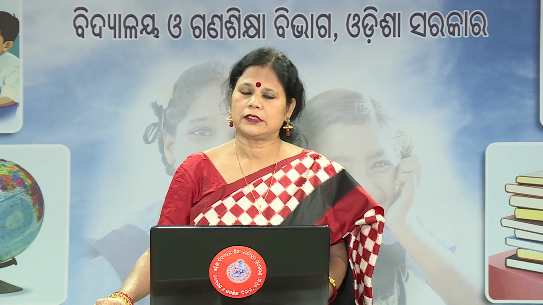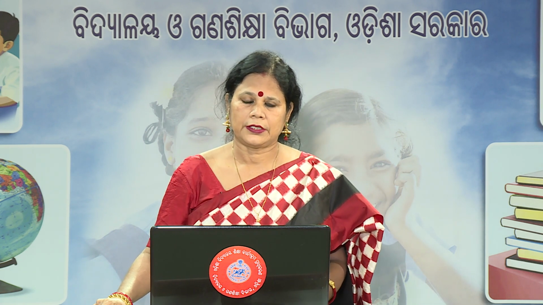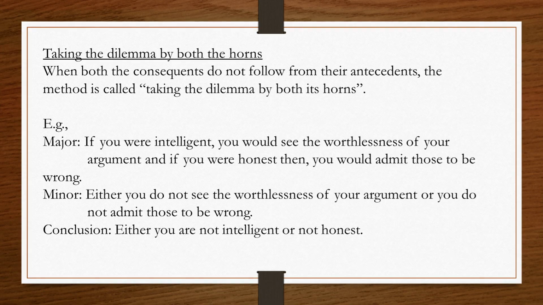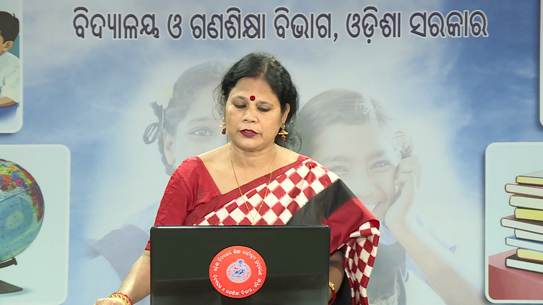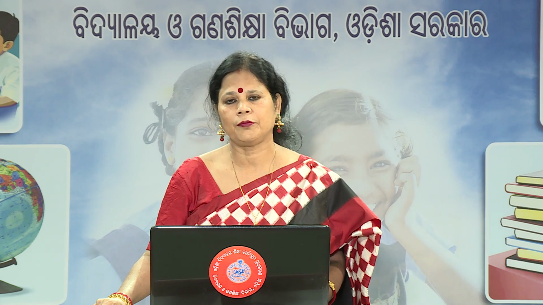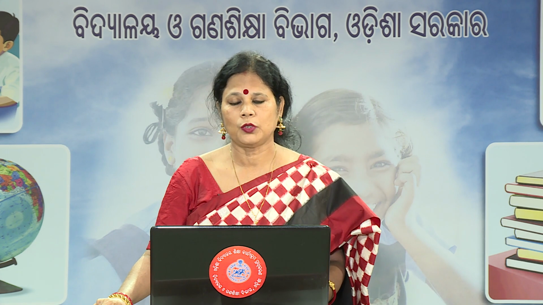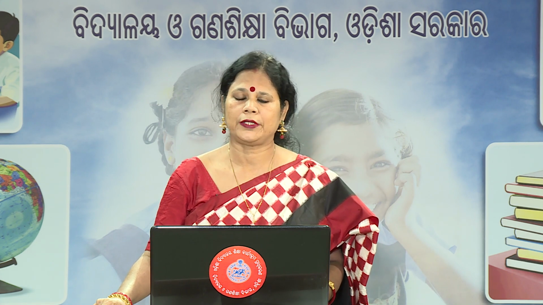Now, let us see the example. The dilemma is like this. If you were intelligent, then you would see the worthlessness of your argument. If you were intelligent, you would know that your argument is worthless.